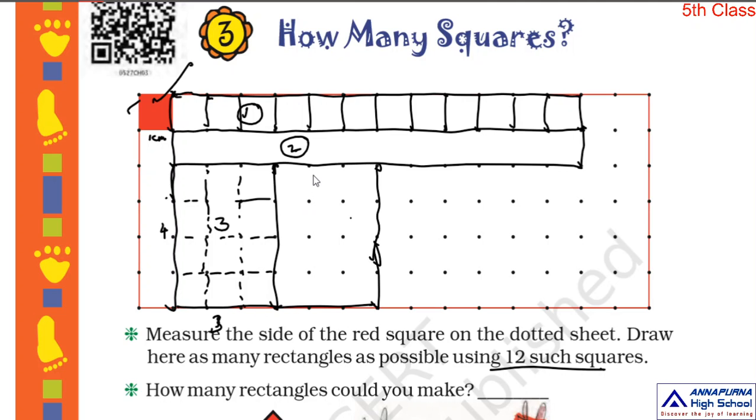So I want to draw like this. If we count the number of squares, we'll get 12. Let it be the fourth rectangle. Like that, 1, 2, 3.